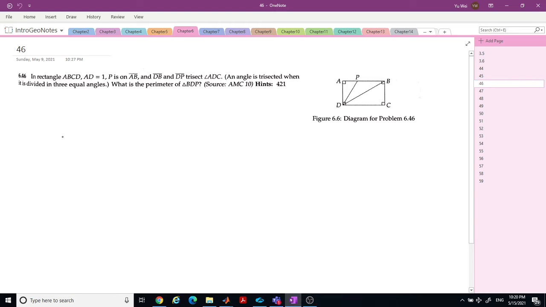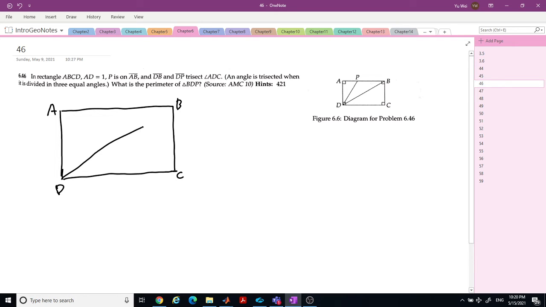Okay, next. So we have a rectangle ABCD. Then we have a diagonal, and P is on this, to trisect.